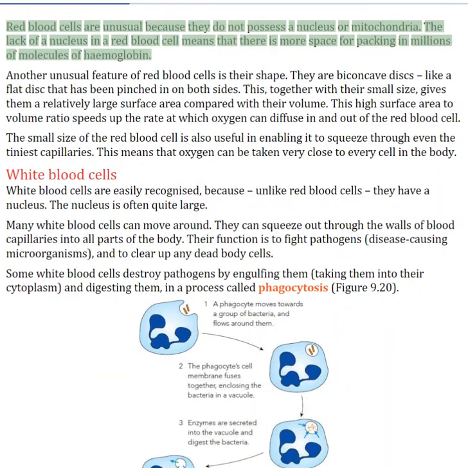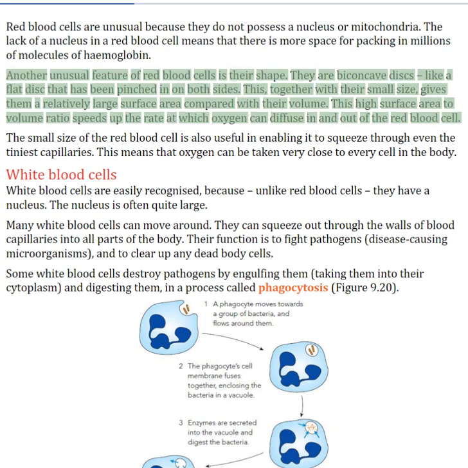Red blood cells are unusual because they do not possess a nucleus or mitochondria. The lack of a nucleus in a red blood cell means that there is more space for packing in millions of molecules of hemoglobin. Another unusual feature of red blood cells is their shape. They are biconcave discs, like a flat disc that has been pinched in on both sides.